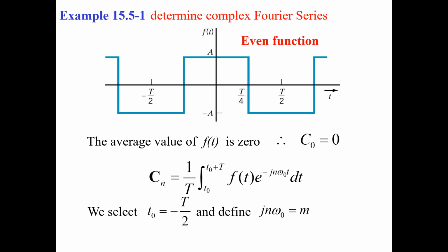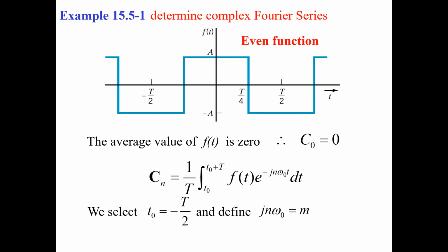Determine the complex Fourier series for this function. The average value of f of t is 0, you already know that. C naught is 0, it's an even function. Why is it 0?